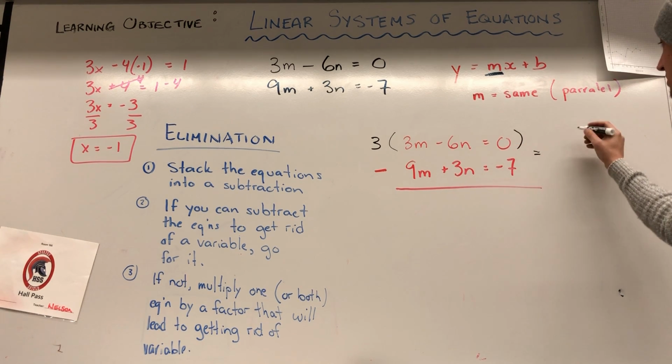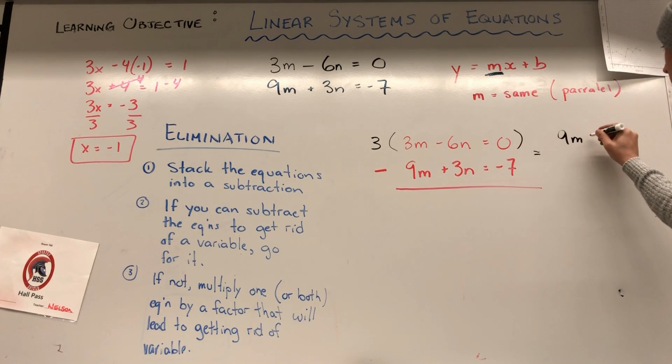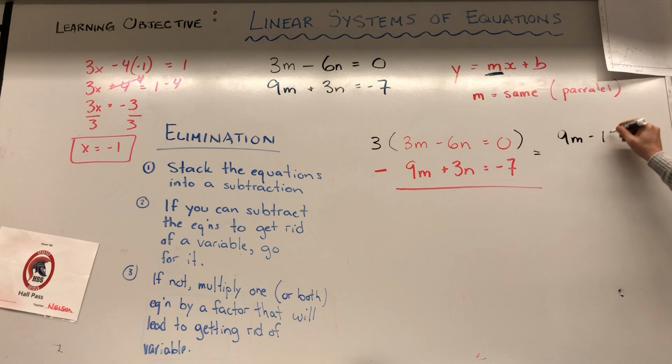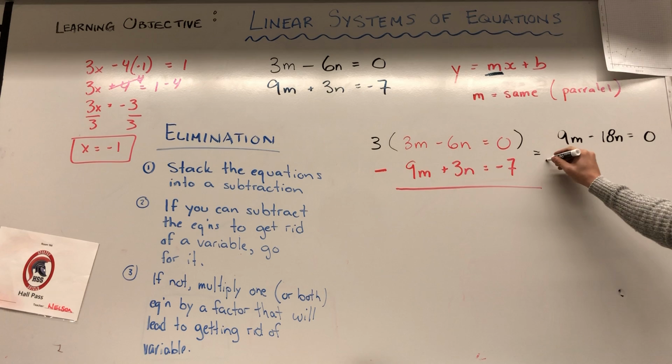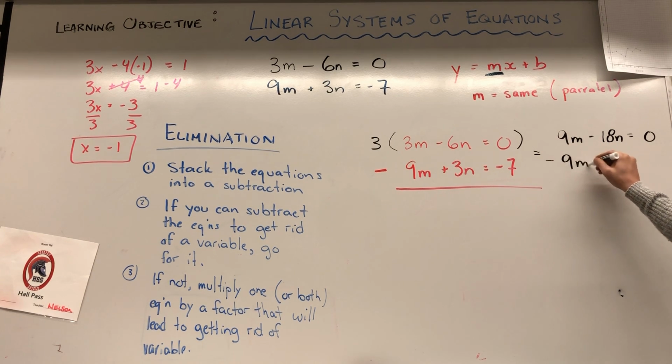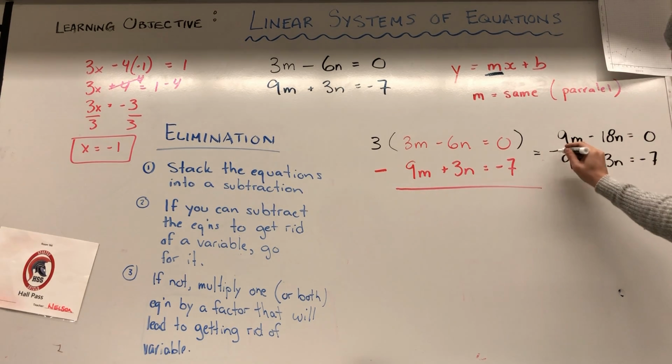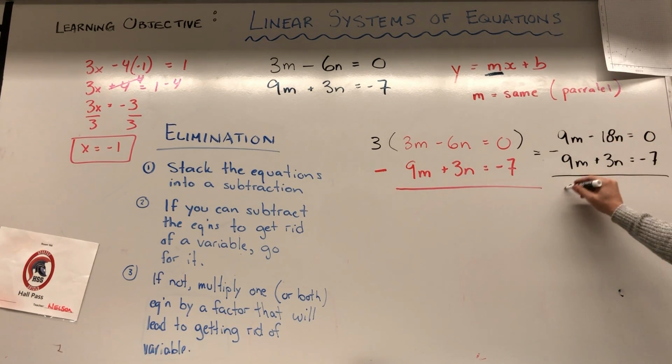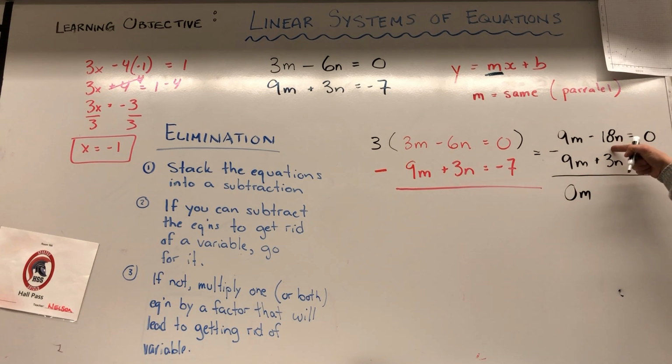And then this will give me 9m minus 18n is equal to 0. And then I subtract 9m plus 3n is equal to negative 7. So 9 minus 9, 0. Bingo. Negative 18 minus 3 is negative 21 is equal to negative 7.